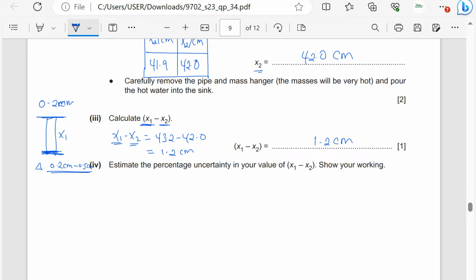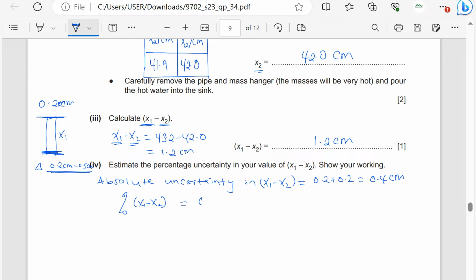So she mentioned that the absolute uncertainty in x1 minus x2, according to her, was 0.2 plus 0.2, which she said is 0.4 centimeters. Then she calculated the percentage uncertainty in x1 minus x2.